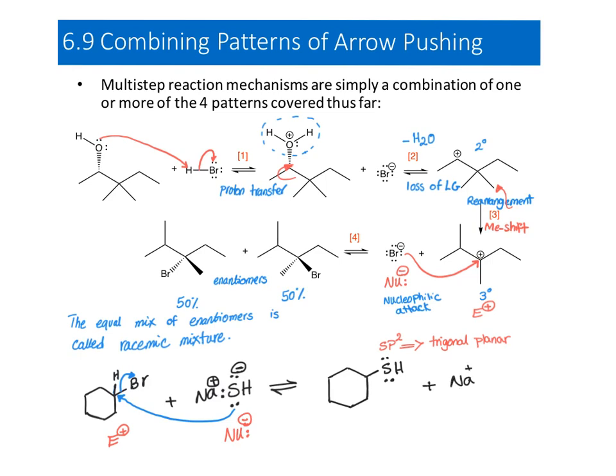And sodium bromide. I would like to mention that sodium is a counter ion here, so we can basically ignore it while drawing the mechanism. It is just there to stabilize the negative charge. It doesn't play any role here.